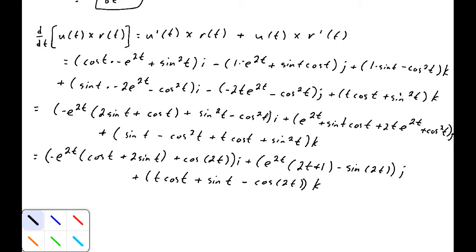So the derivative with respect to t of u of t cross r of t for our given functions is equal to negative e to the 2t multiplied by cosine t plus 2 sine t as a quantity, plus cosine 2t, and that's our i component, plus e to the 2t times 2t plus 1 quantity minus sine of 2t, that's our j component, plus the component t cosine t plus sine t minus cosine 2t, k.